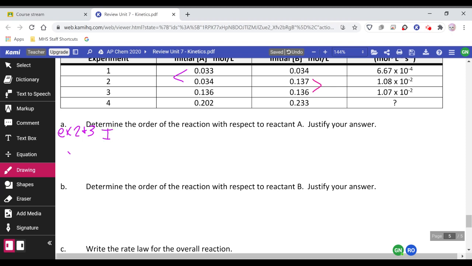Okay, so we start out by saying in experiments 2 and 3. Remember, there's a template we're using to answer these because AP is very particular about how these are answered. In experiments 2 and 3, the concentration of B is held constant.